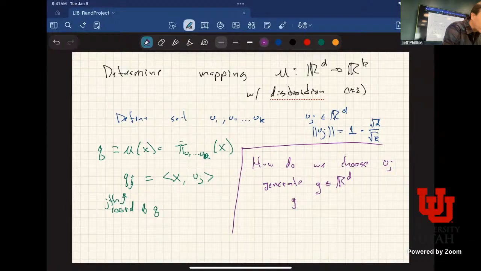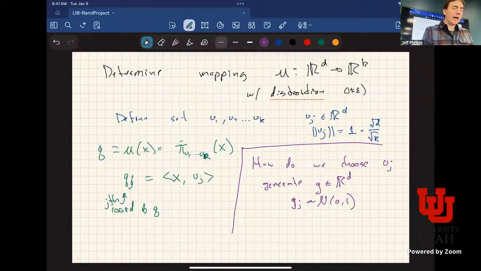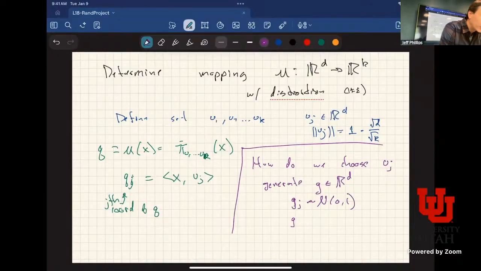Each coordinate Gj is going to be from a normal distribution. And so G in total, which is a d-dimensional vector, will be from a d-dimensional normal distribution. A normal distribution is something we know how to sample from. In fact, there's something called a Box-Muller transform to convert from a uniform distribution to a normal distribution.